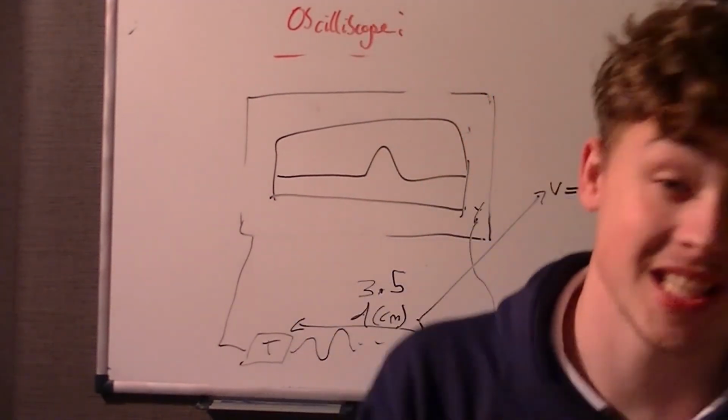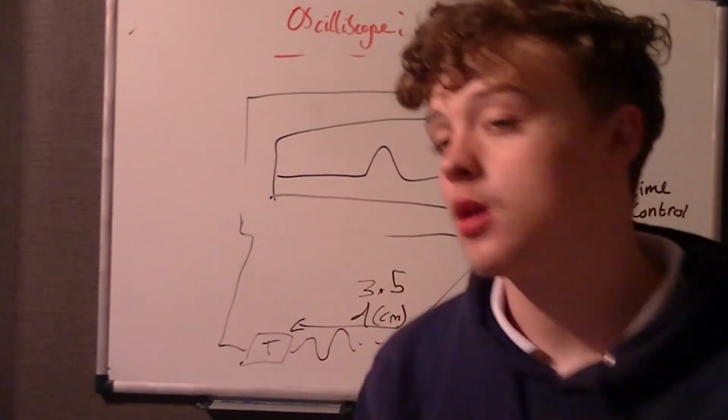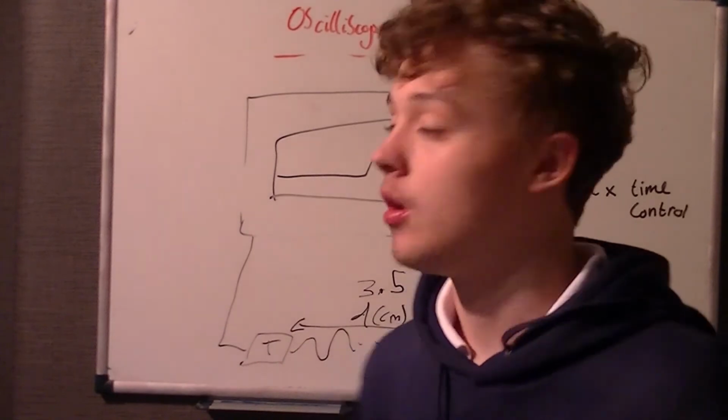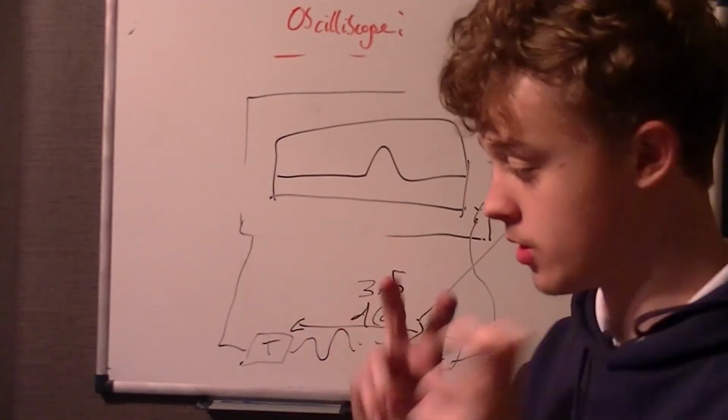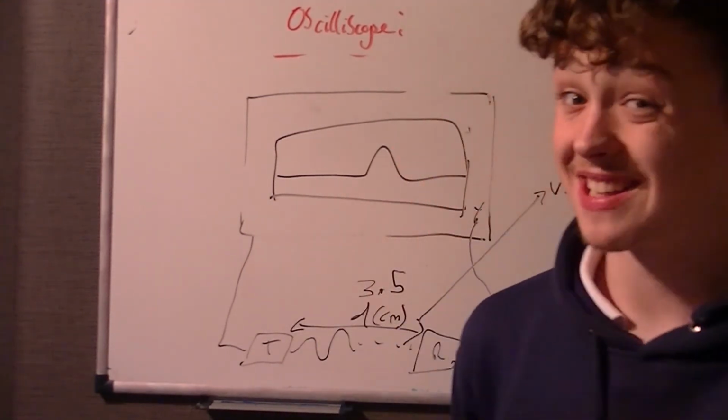So you times that by the distance in centimetres, and that gives you the peak potential difference, the peak height of the wave. I say wave, but it isn't a wave, that's just how it's shown in terms of X and Y sensitivity on the screen of the oscilloscope.